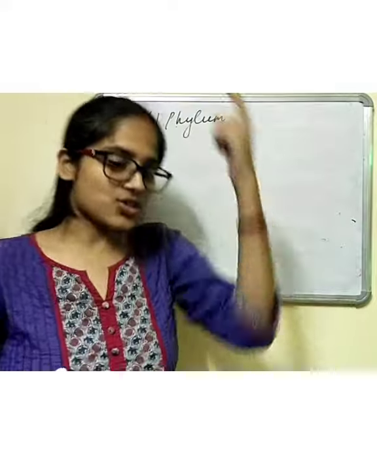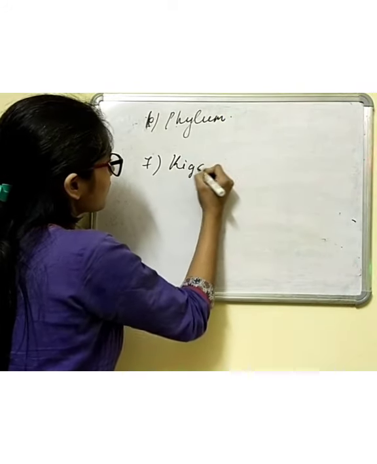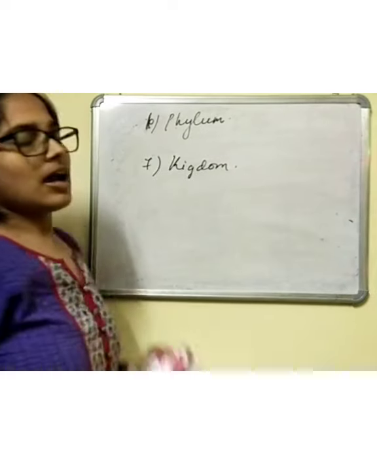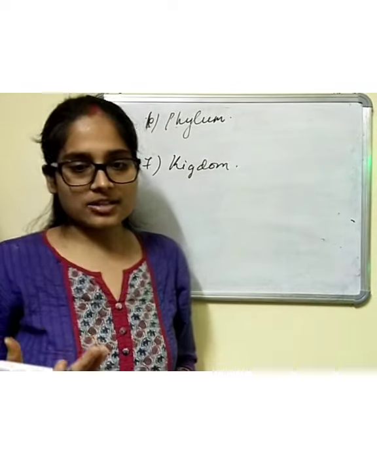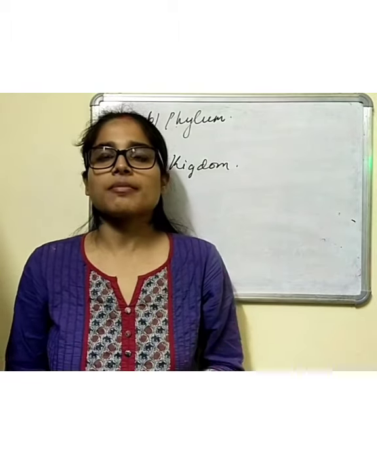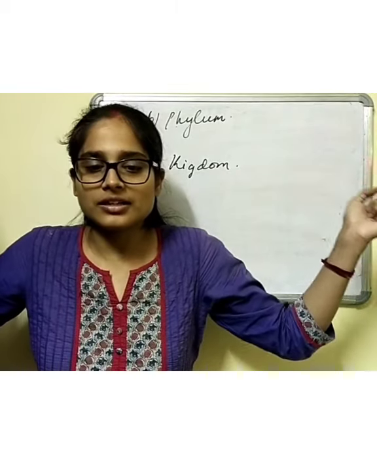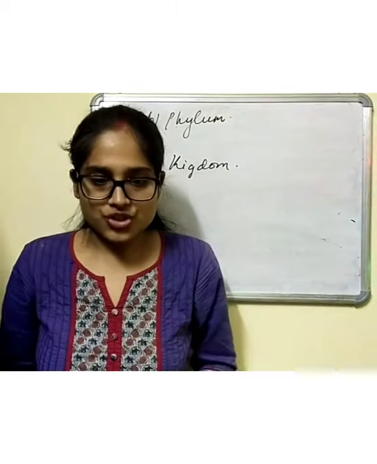Alright, now the next one, and the highest category, is kingdom. Kingdom is the highest taxon or category in binomial or biological classification, and it includes one or more related phyla or divisions.